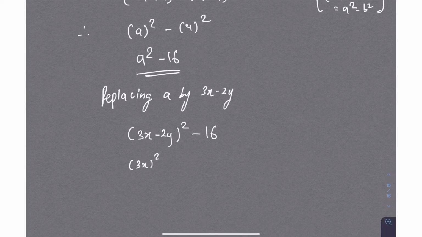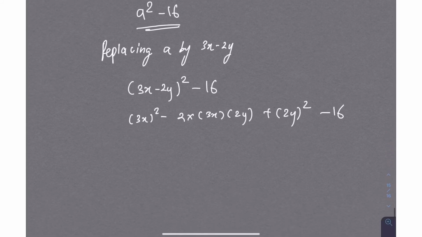First term square minus 2 into first term into second term plus second term square, minus 16. Guys, in the previous lectures I already told you, don't substitute minus 2y, otherwise the solution will be wrong, because here we have already taken the minus sign, that is the reason.